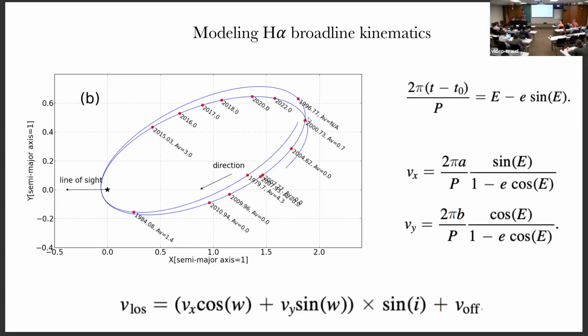So we try to model this orbit using the eccentric anomaly E, the eccentricity and the period. This is pretty much the orbit that we studied for binaries and stellar motion. Then we write out the line-of-sight velocity, which is composed of X and Y components, and the orbit itself is slightly tilted as a function of time.